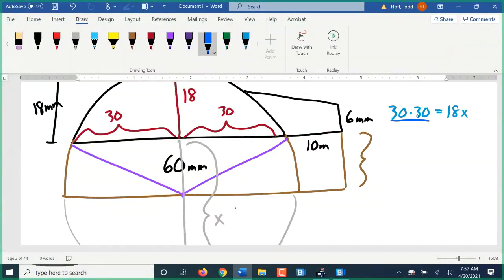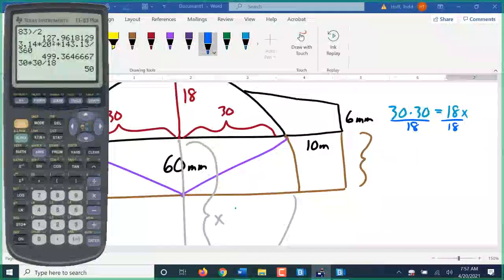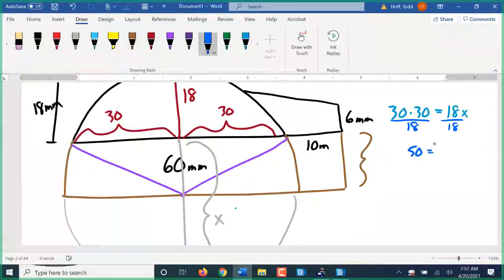So to solve that, it's 30 times 30 divided by 18. Gives us 50 equals x. So 50 equals x. What's the diameter of our circle? 68. Good.